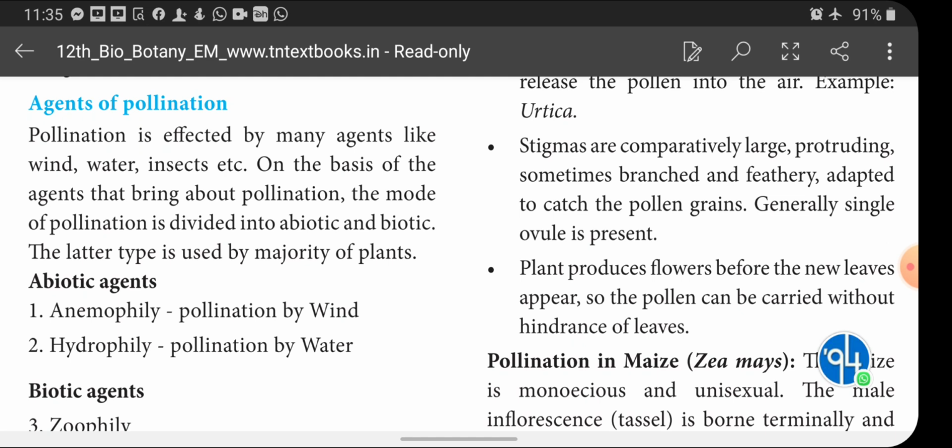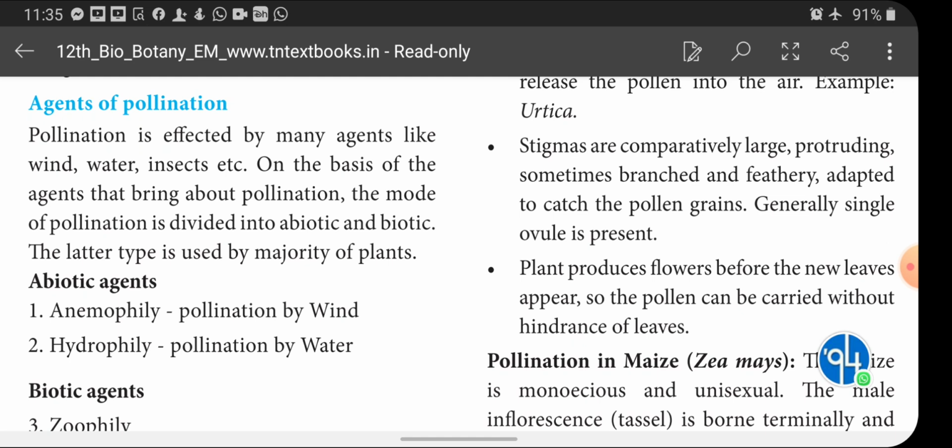On the basis of the agents that bring about pollination, the mode of pollination is divided into abiotic and biotic. The latter type is used by the majority of plants. You know very well that pollination is affected by many agents; in the 10th standard itself we have discussed it.